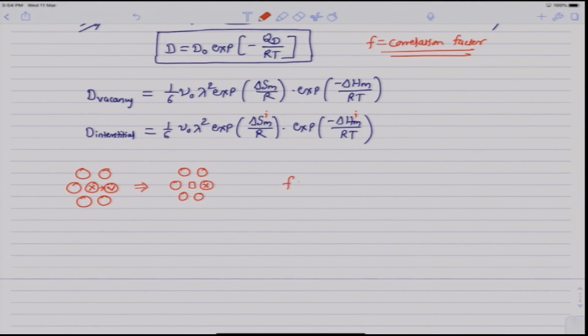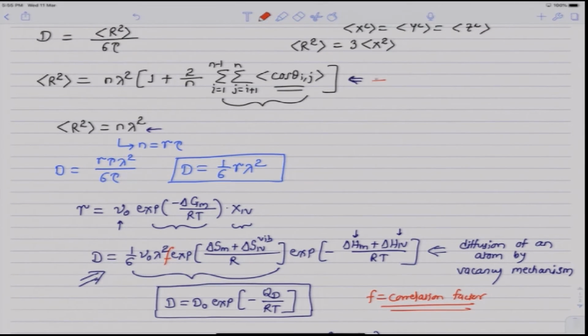If we define the correlation factor, it is defined as mean square displacement when the jumps are correlated divided by mean square displacement assuming completely random jumps. If we look into this expression for r square again, when the jumps are completely random, the average of r square is only n lambda square, and in a sense this summation of average of cos theta i j gives the contribution from the correlated jumps.